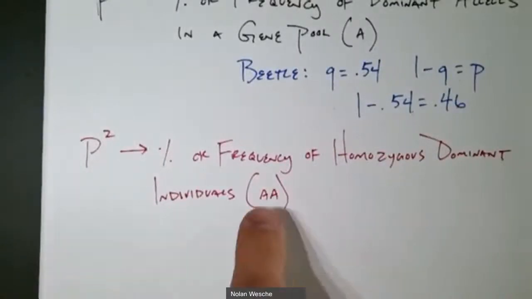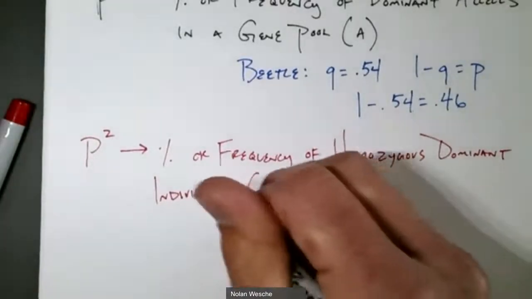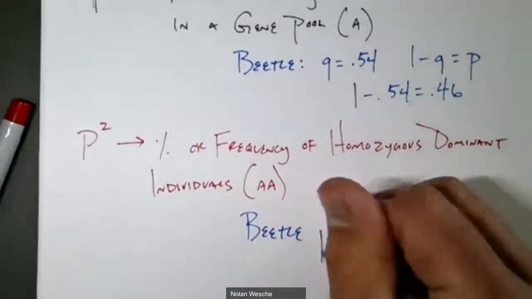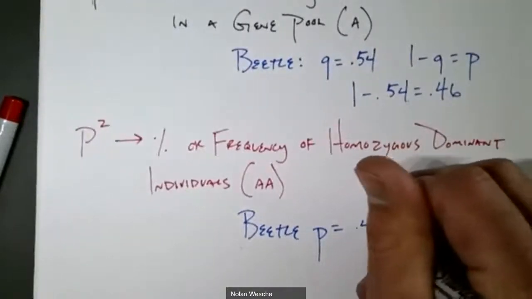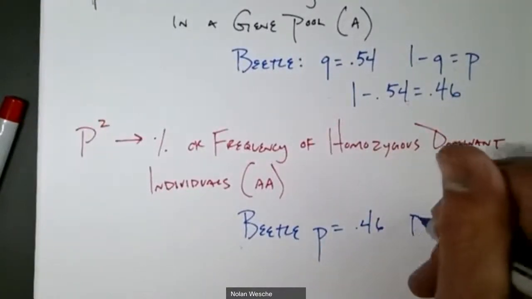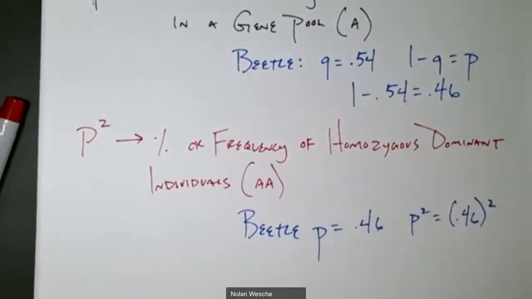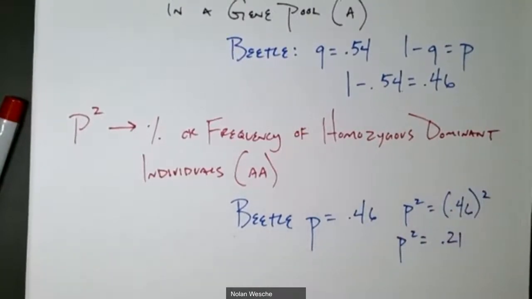Because P times P is big A, big A. So let's look at this. Beetle-wise, I'm looking at a p-value from earlier of 0.46. So P squared is going to be 0.46 squared. So P squared is 0.21, 21%. 21% of my beetles should be big A, big A.